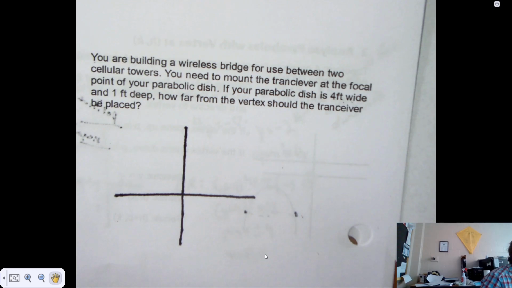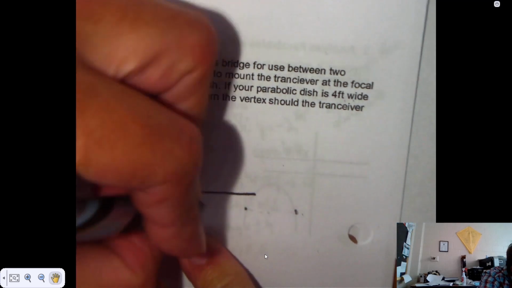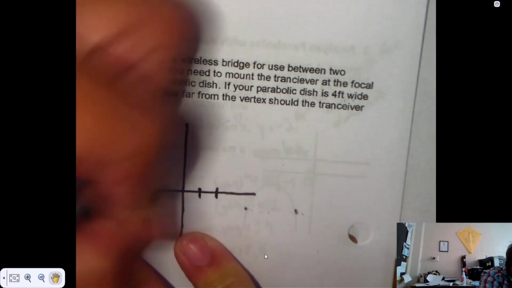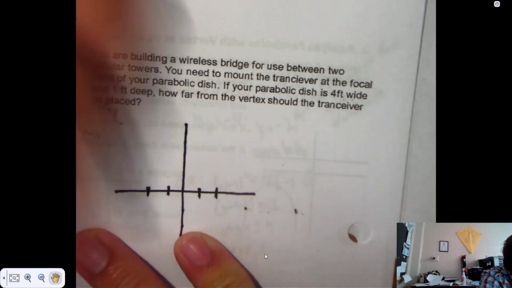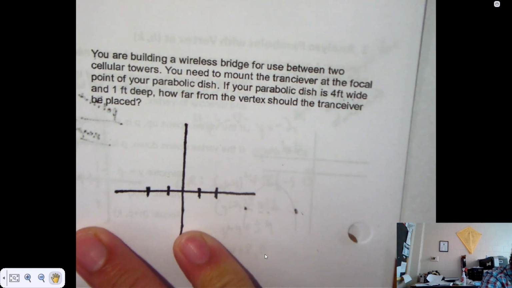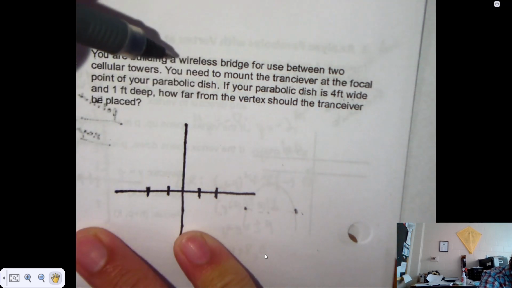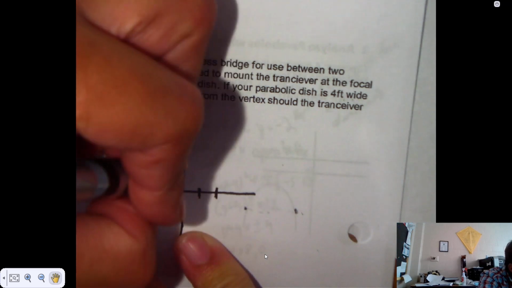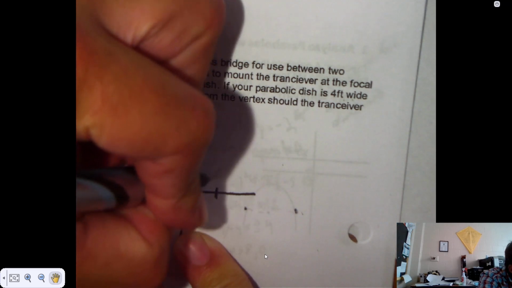Zero, zero. Now, my parabolic dish is 4 feet wide, so I'm going to go out 2 units on the x-axis. It is a foot deep, so I'm only going to go up a foot. This is my parabolic dish.